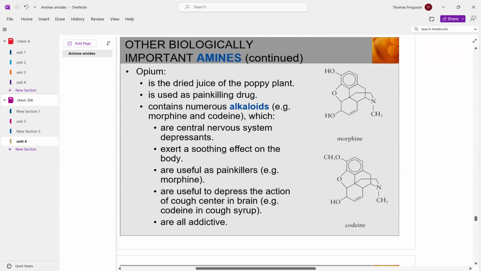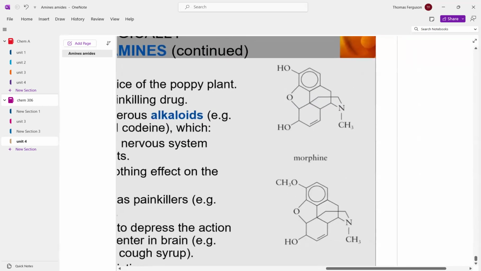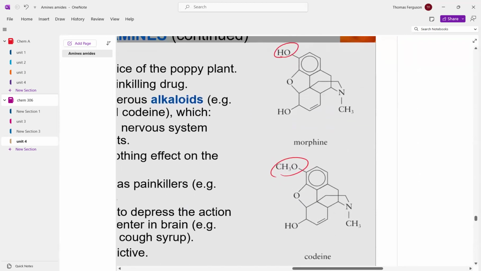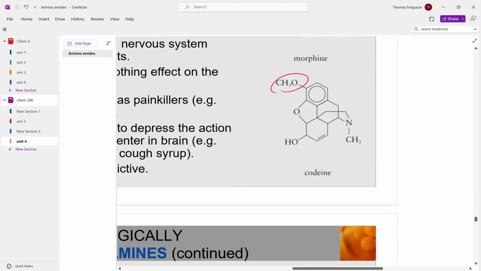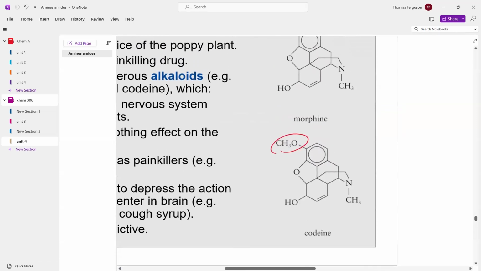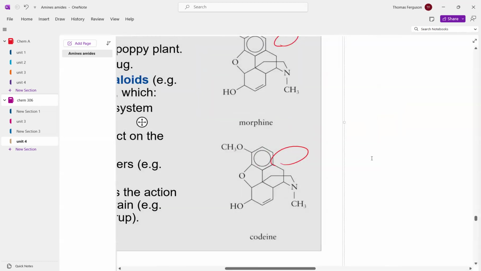Good old opium. Look at the difference between codeine and opium. Okay, so this is morphine on the top, codeine on the bottom. Morphine comes from opium. So you can take and modify morphine into codeine.